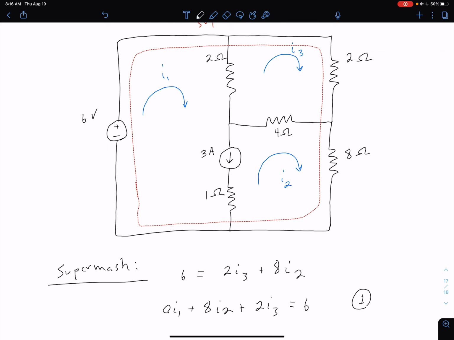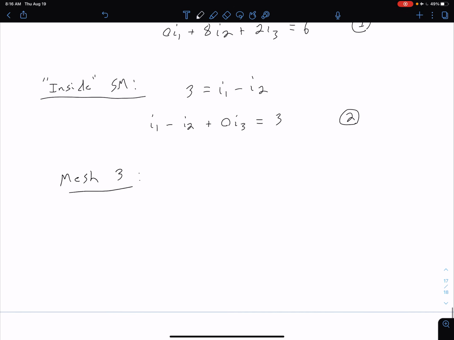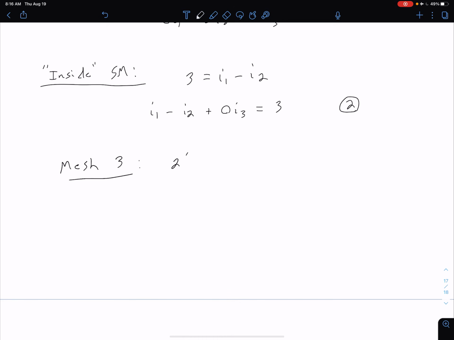We have I3 going up, we have I1 in the opposite direction, so it's going to be I3 minus I1. Again, because we're writing an equation for mesh 3, I3 should always be positive, so we could just say 2 times I3 minus I1. Either way you want to think about that, we get 2 times I3 minus I1 for that first term.